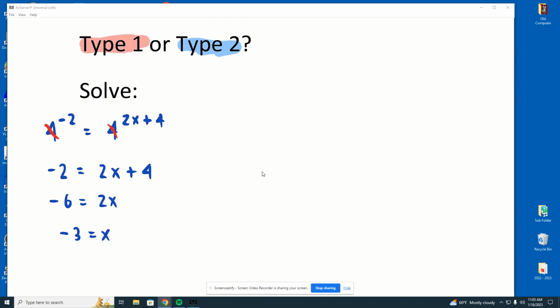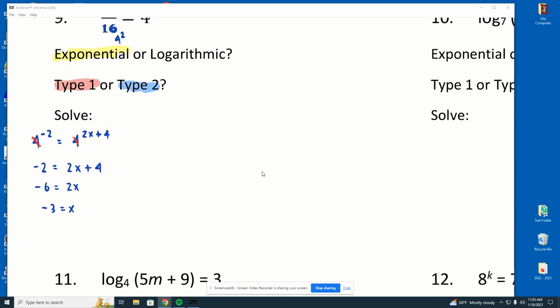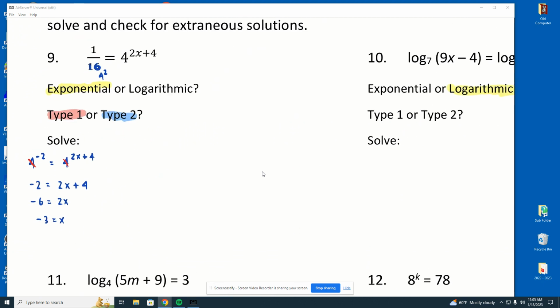But if I did type 2, could I do type 2 as well? Absolutely. Look at number 9. What is the base of your exponent? 16? No, the base of your exponent. 4. Make that the base of your log.